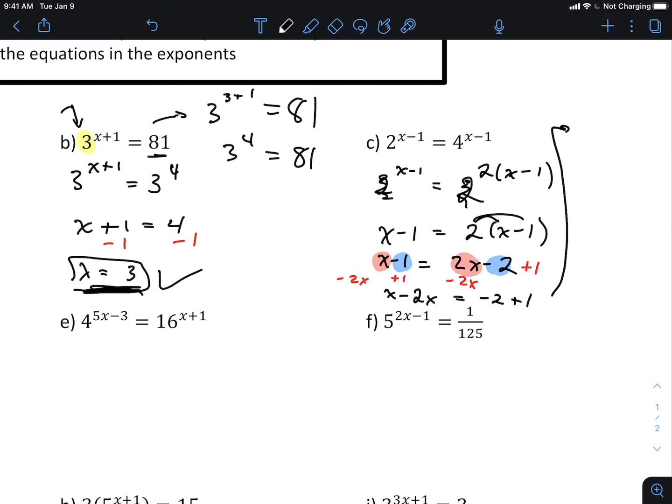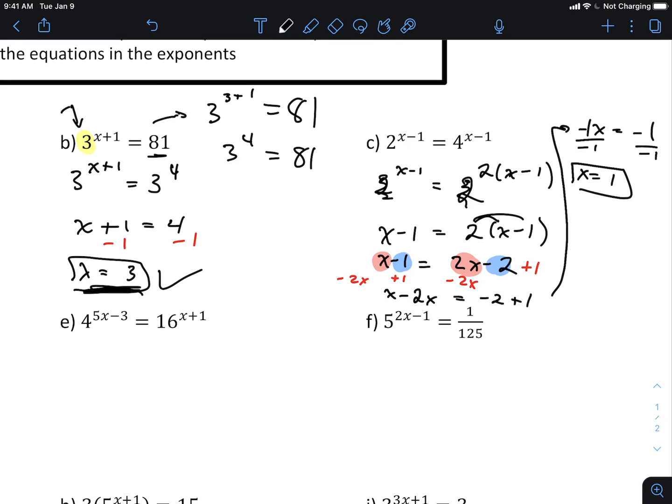Okay? You're going to get negative x is equal to negative 1. Right? Divide both sides by negative 1 because there's a pretend negative 1 here. So you divide both sides by negative 1 and you get x equals 1.